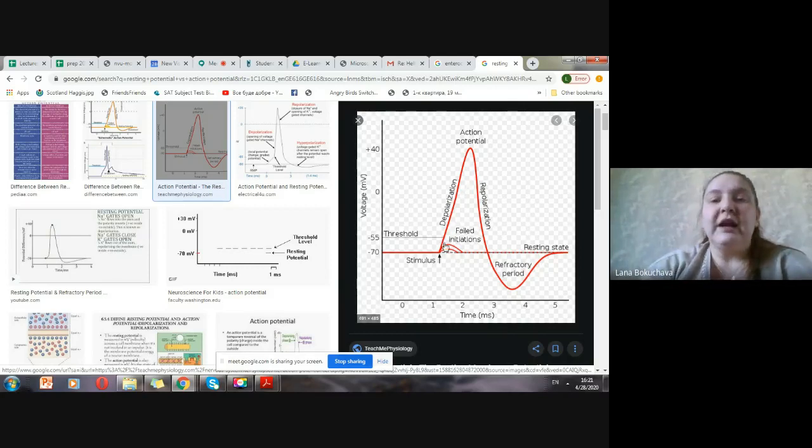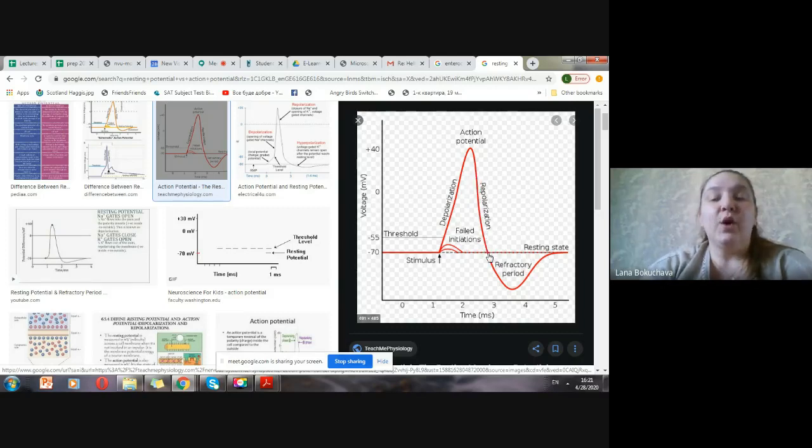As soon as cations enter, other cations are leaving the cell. And why? Because we need the next action potential also, in a particular period of time. So we need to bring the whole membrane potential back to the resting one. That's why we have the period of repolarization, as you can see.